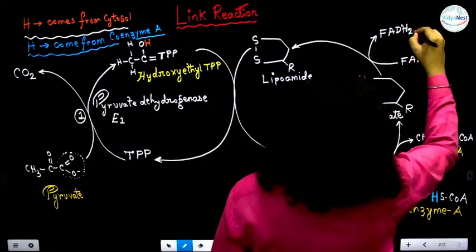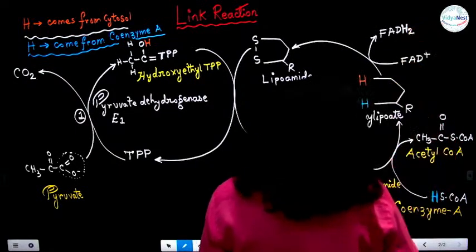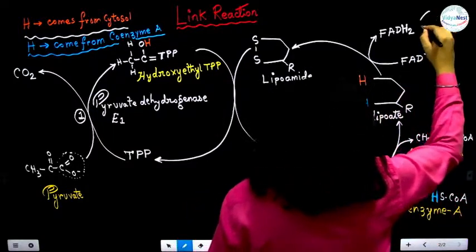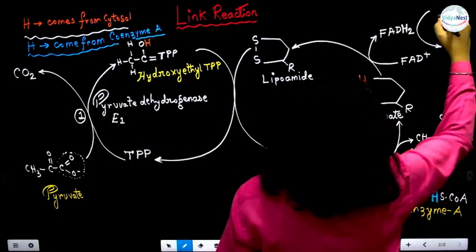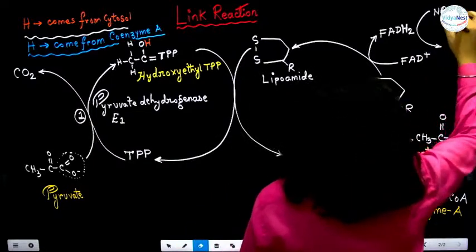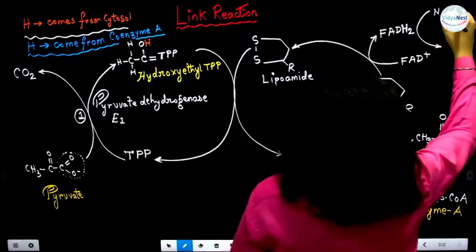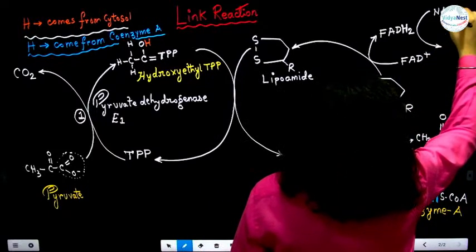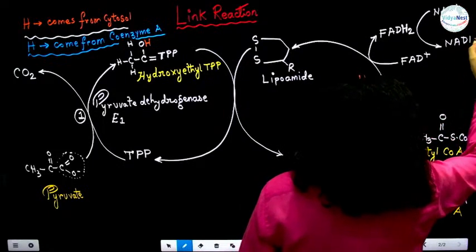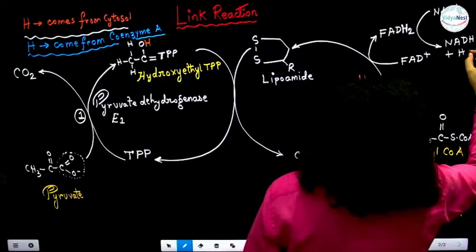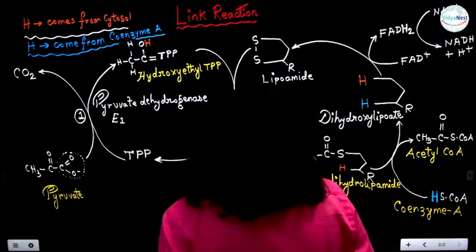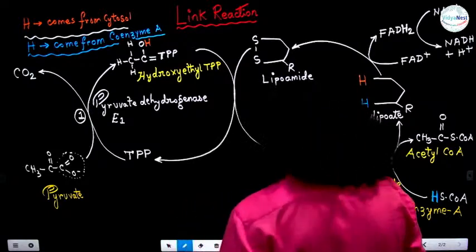It will get converted into FADH2. Now this FADH2 will give its electrons to NAD plus, and it will change into NAD plus H plus, and this FAD.